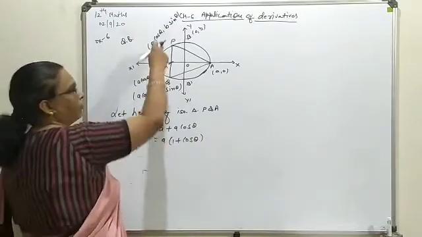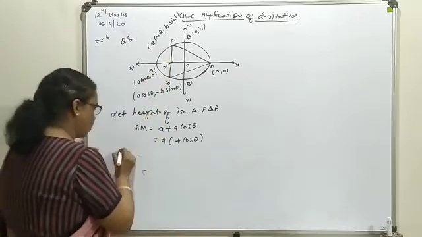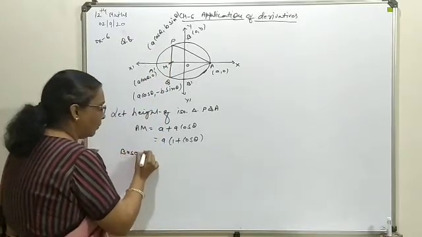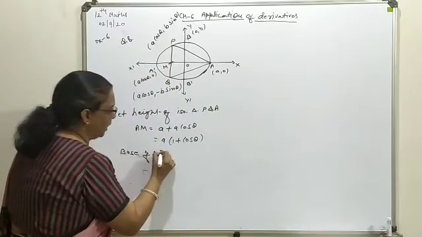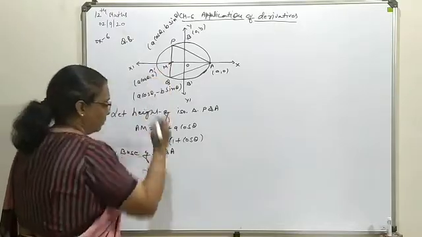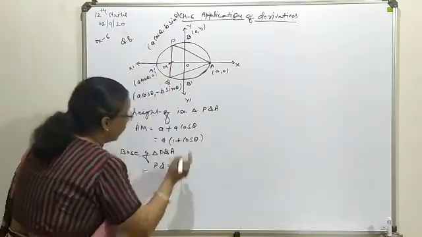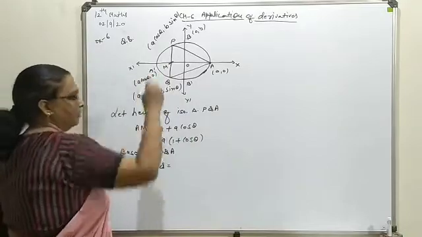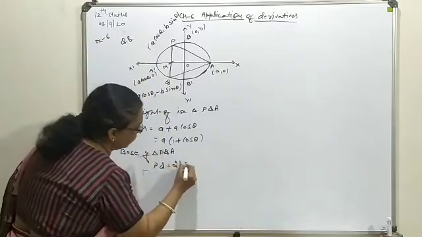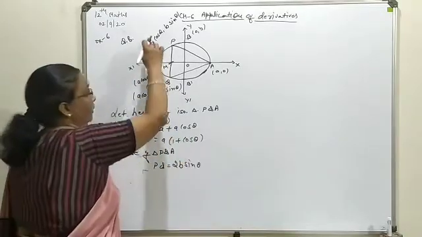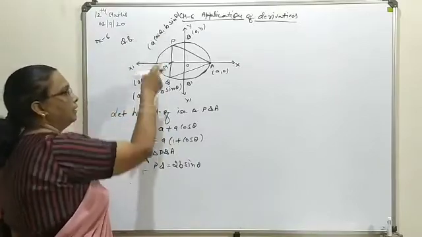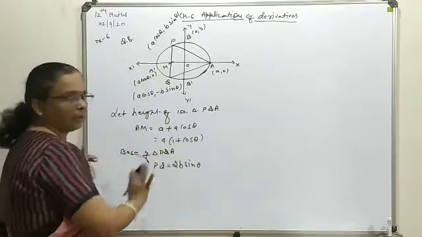Next we require the base of the triangle. So the base of triangle PQA means the length PQ. If you find this PQ length, you will find it as 2b sin theta. Since the signs are opposite, they will be added.